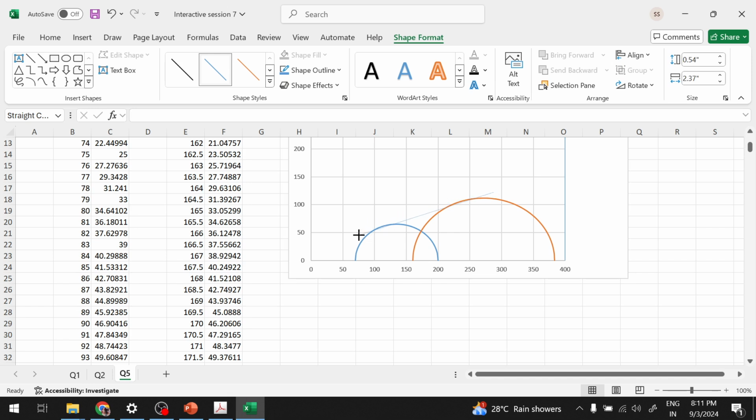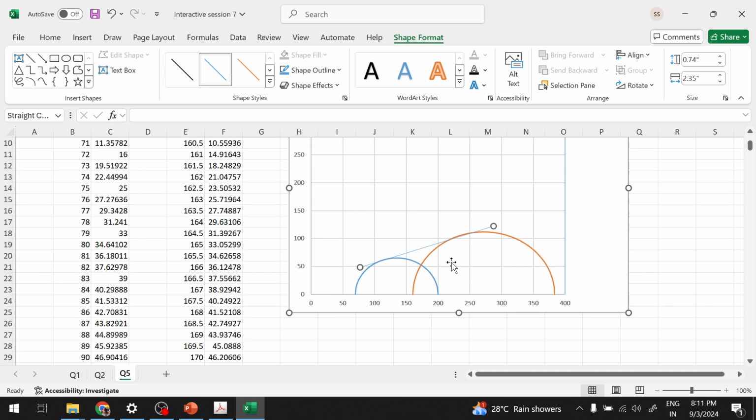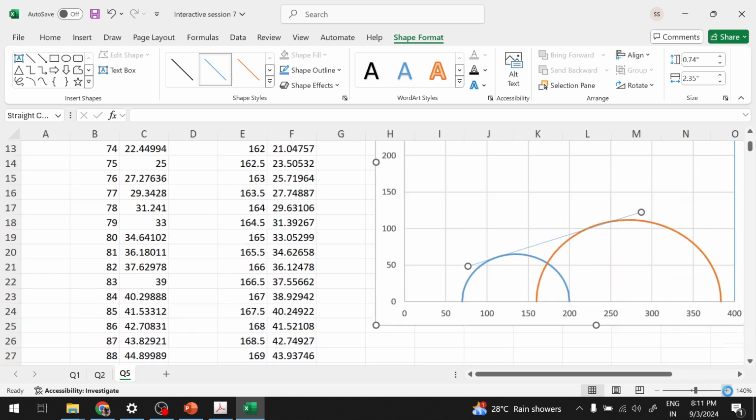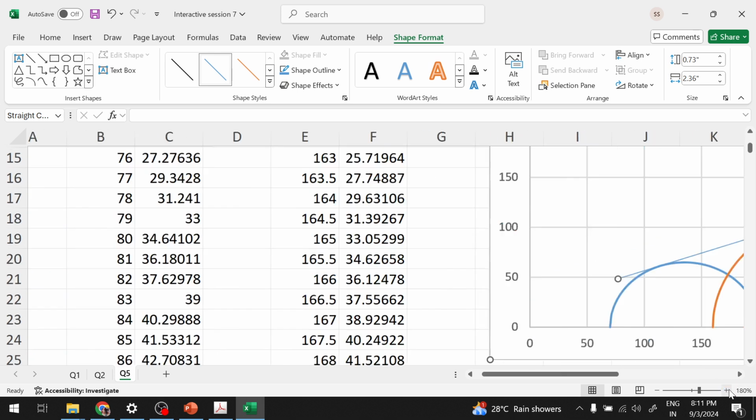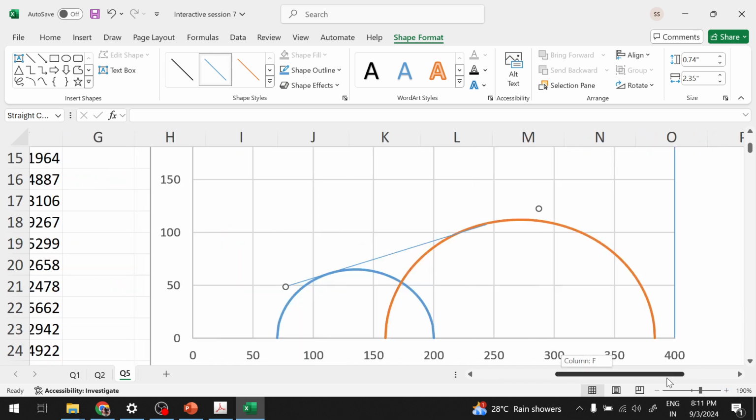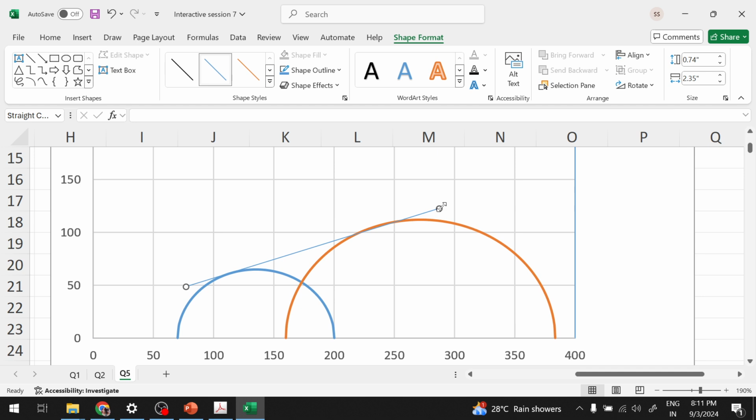This is what you do geometrically, and we try to do this in Excel. I wanted to show you this in the last class only.